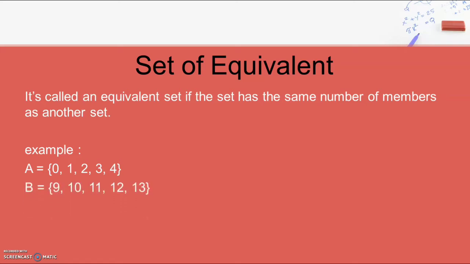Set B equals the set 9, 10, 11, 12, and 13. Because the number of members of set A, n(A), is equal to n(B), the number of members of set B, then set A and set B are equivalent sets.